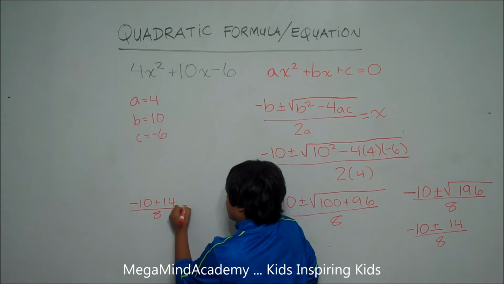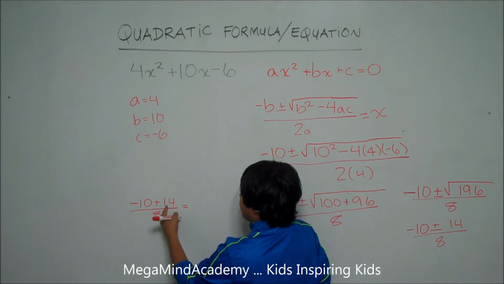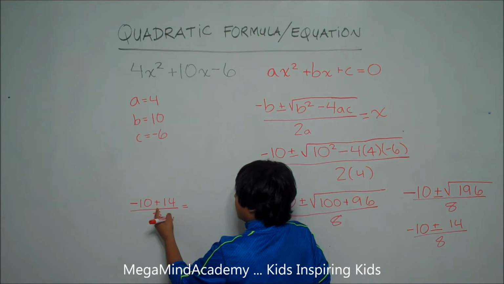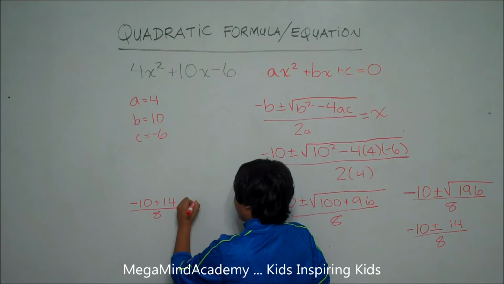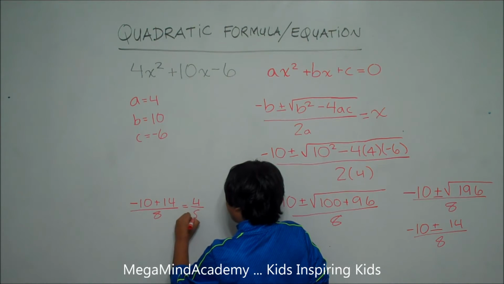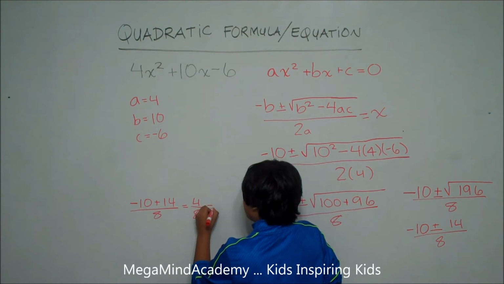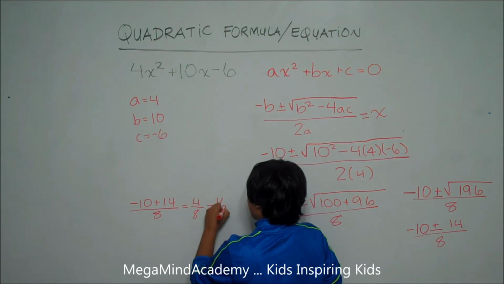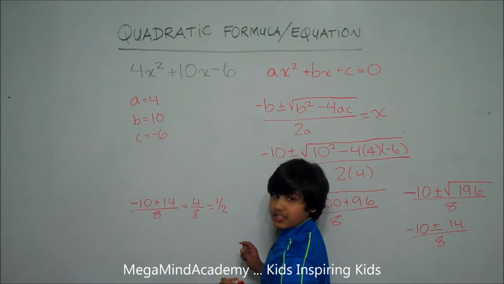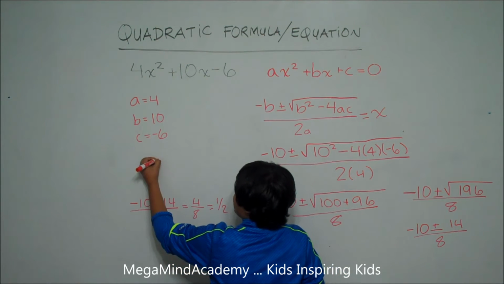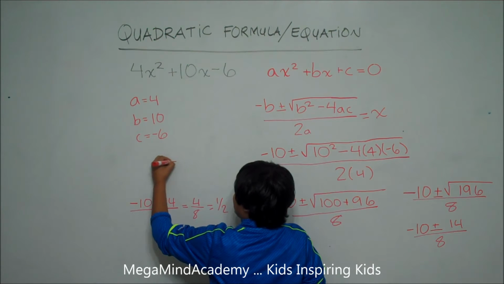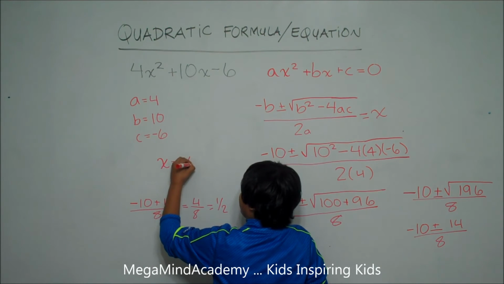Negative 10 plus 14 is equal to 4 over 8, which is equal to half. So we found out what the first x is. The first x is equal to half.